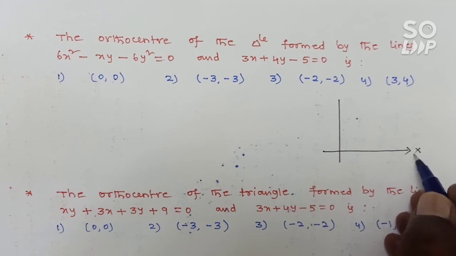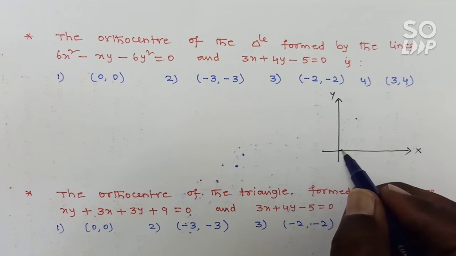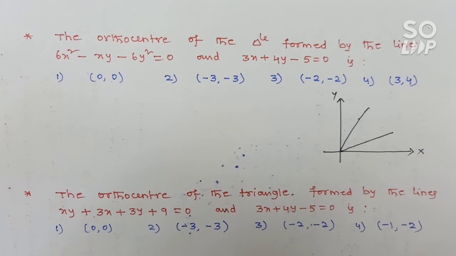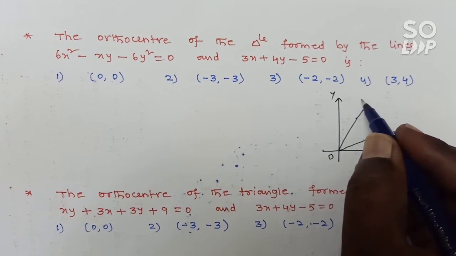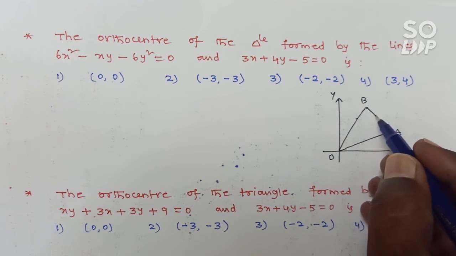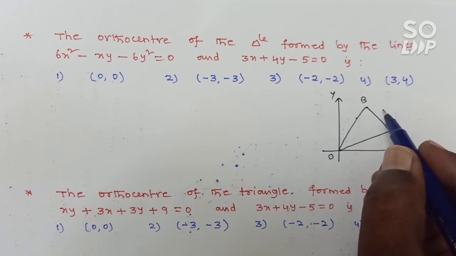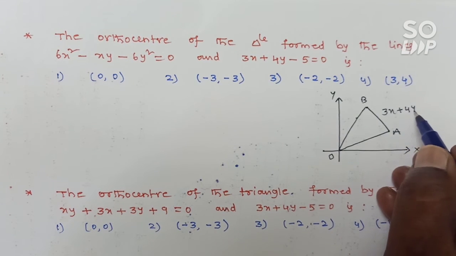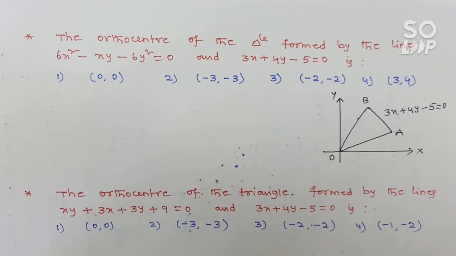The homogeneous equation represents the two sides which pass through the origin. This is one side and this is another side. Let these be OA and OB. Now the linear equation is the third side: 3x + 4y − 5 = 0.